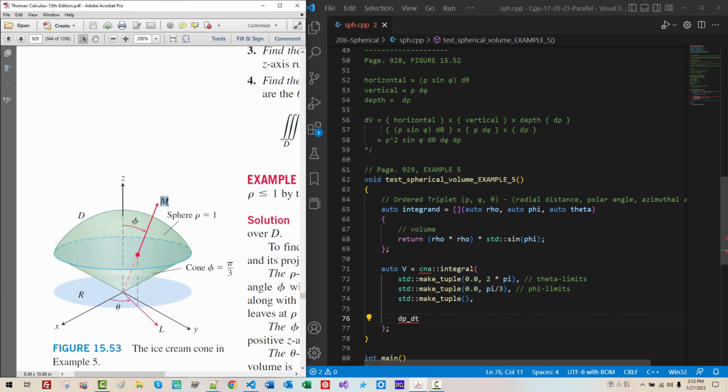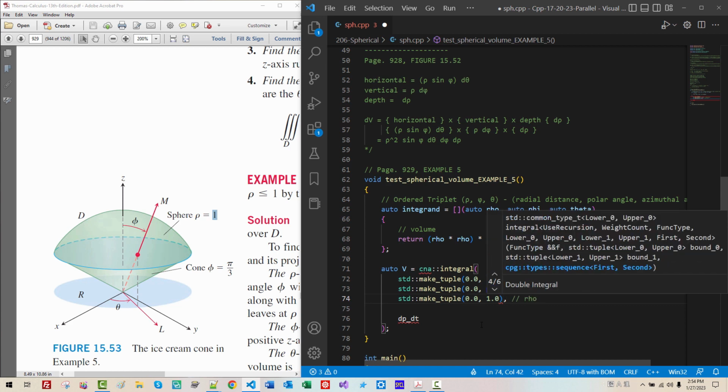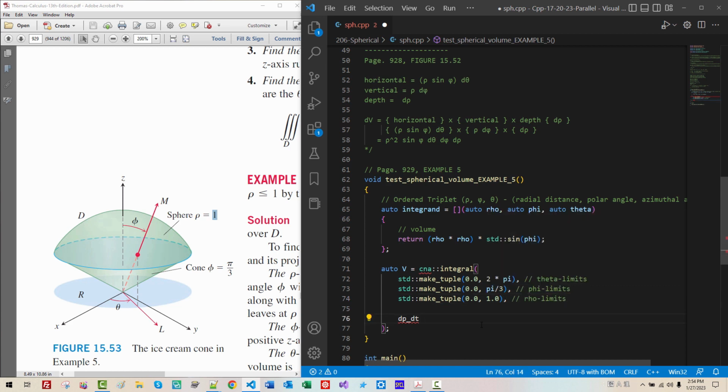Then this line m is a line from the origin in the radial direction. This line runs from the origin 0 up to a point on this sphere. The radius of the sphere is 1. So from 0.0 to 1.0, these are the rho limits, and d rho. This is our integration.